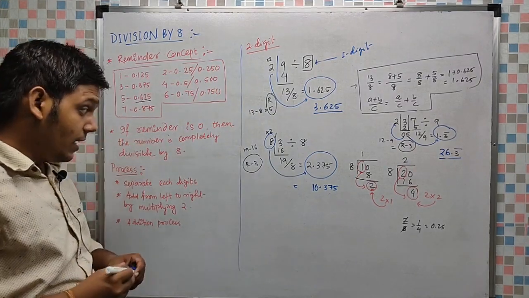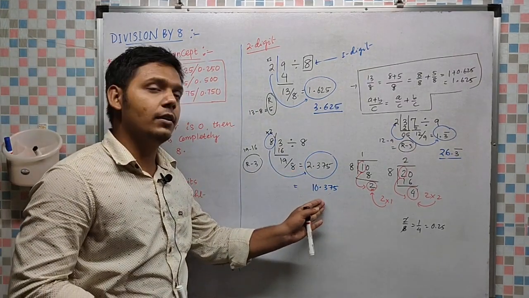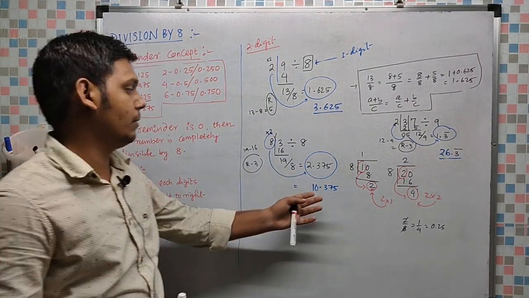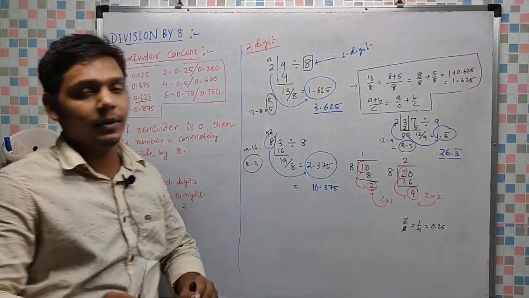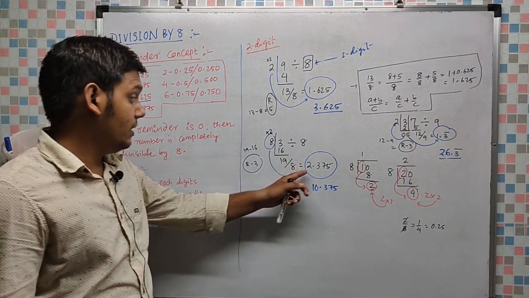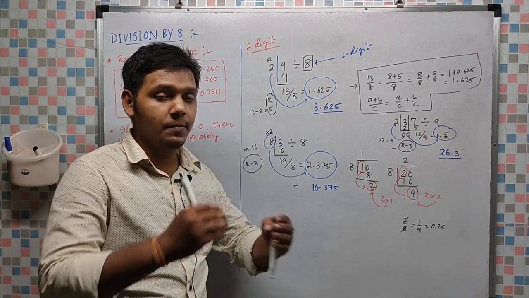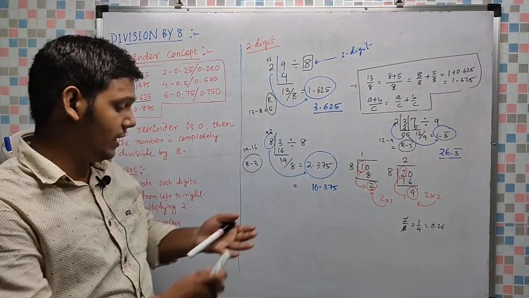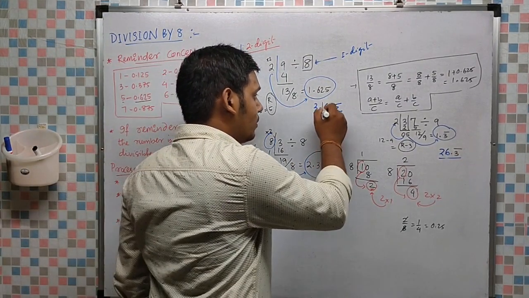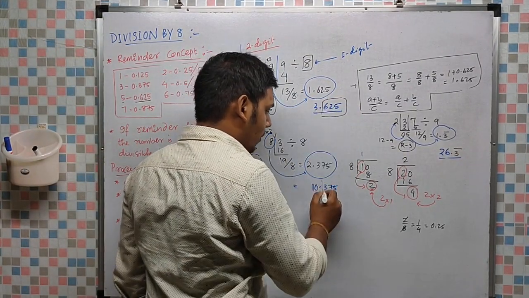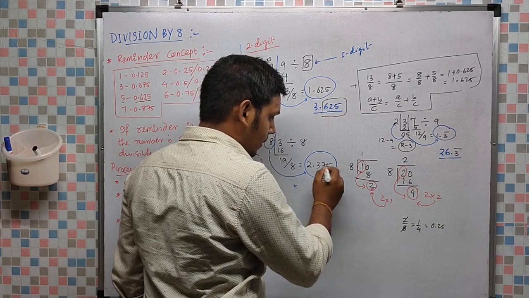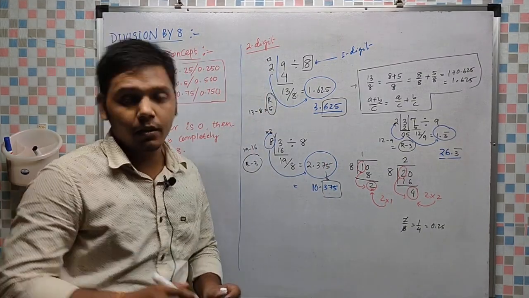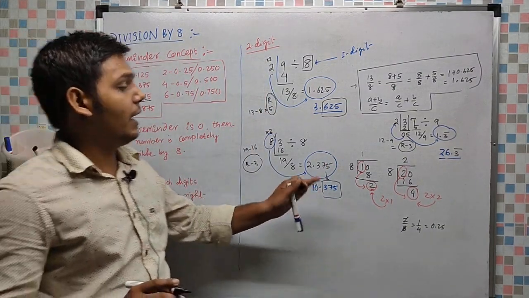So like this way, first you have to write the decimal place digits, 0.375. Remember these digits can change, but this .375 is fixed. Like that here also, first I have to write this 0.625 because it is fixed. Whatever comes after the decimal in the result, that much will remain in the answer also.